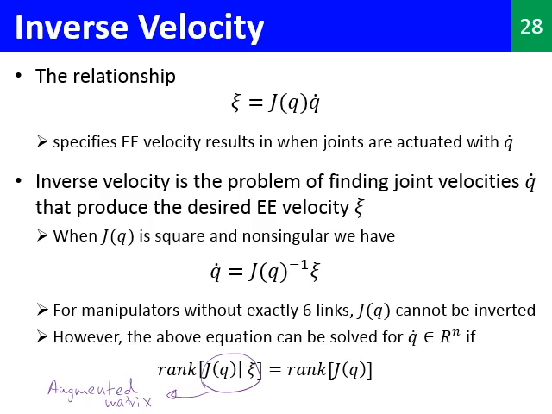So when the rank of that augmented matrix is equal to the rank of the Jacobian matrix, then we can solve the above equation. Nevertheless, we are not going to deal with that problem in this course.